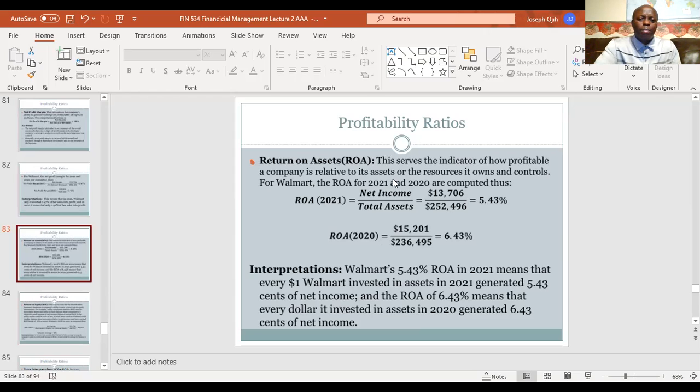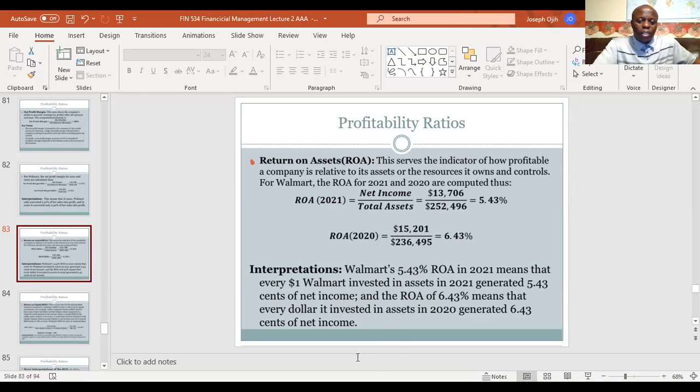And the formula is very simple: net income divided by total assets. So now let's just do it for McDonald's. Sorry, let's do it for Walmart, not McDonald's.